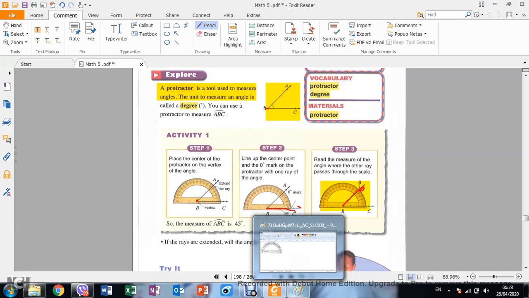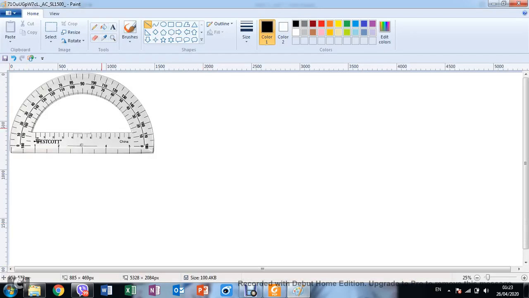Now look at this protractor, okay? This is the middle point. Now we have 180 degrees.